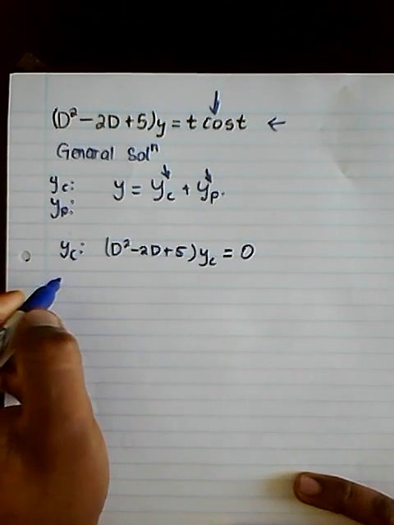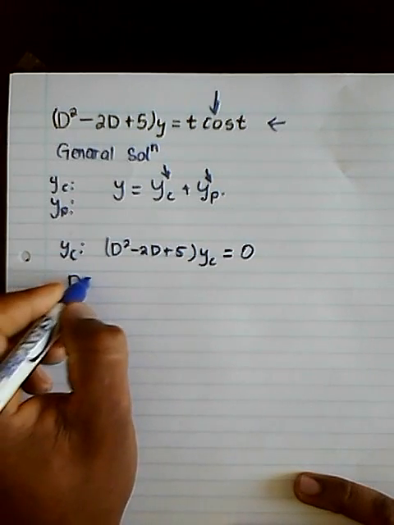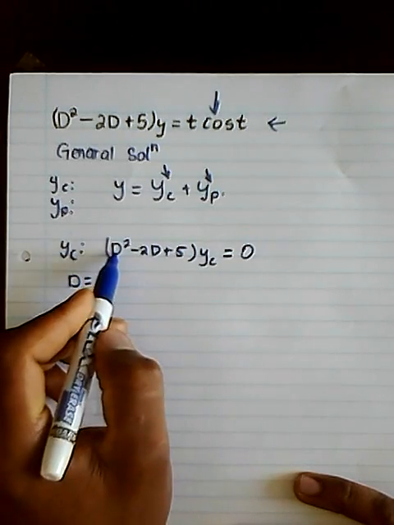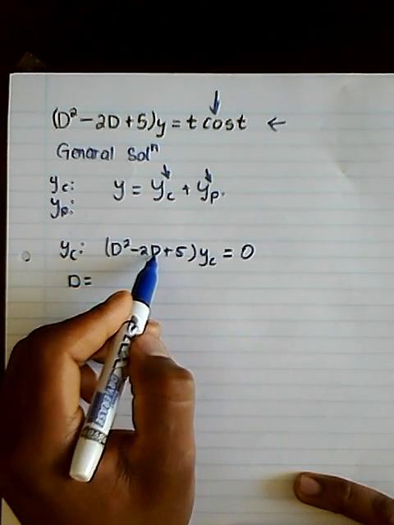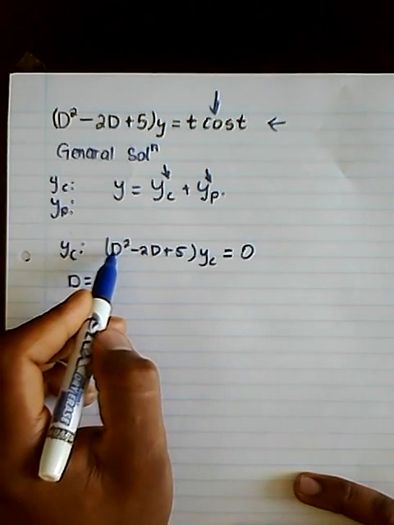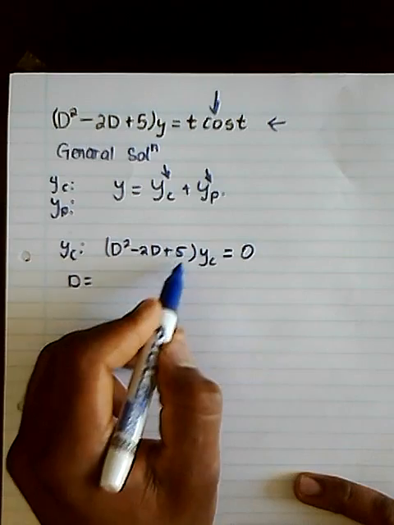So when we use our quadratic formula, we're going to get d equals, where the coefficient of d squared will be 1, the coefficient of d will be minus 2, and our constant is 5.